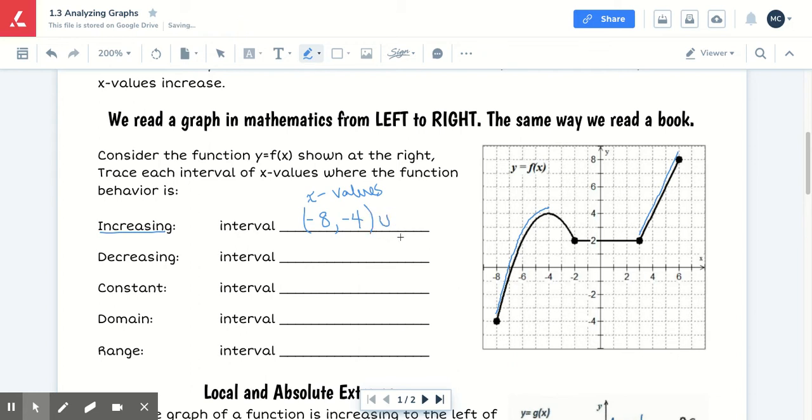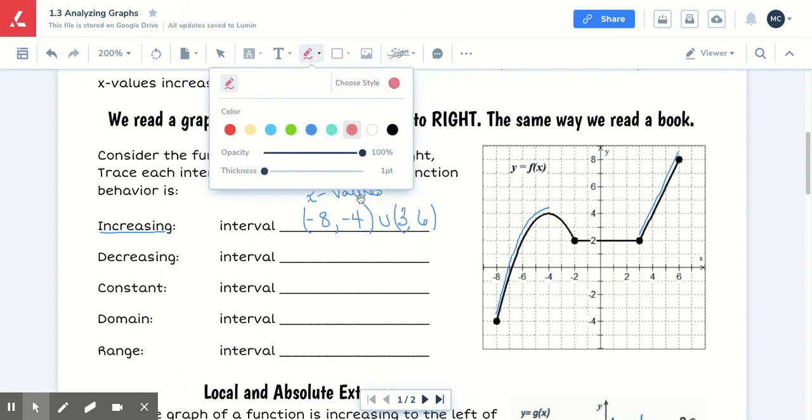So over here I'm going to use union to say that there's more to this answer. And then I'll describe the x's for this one. So this corresponds to an x value of 3. And then the end of that interval corresponds with an x value of 6. And again, it's an open interval, so I'm using parentheses there.